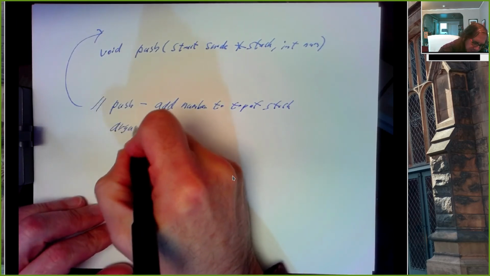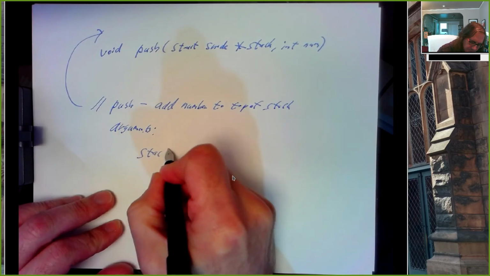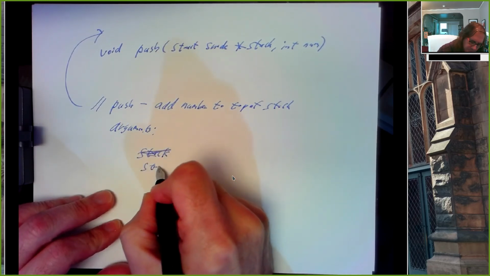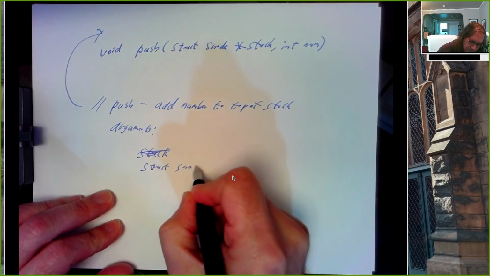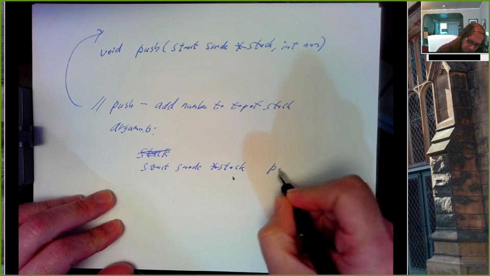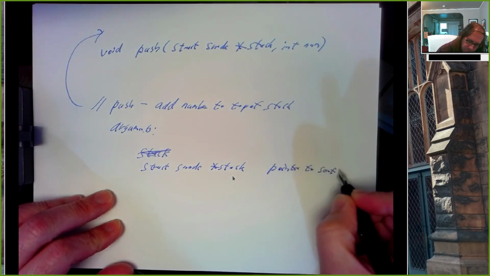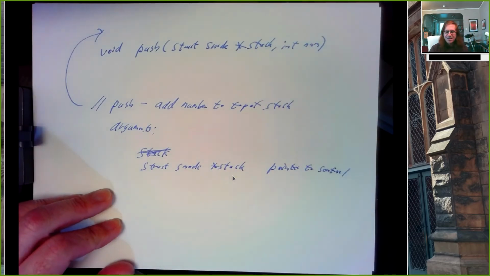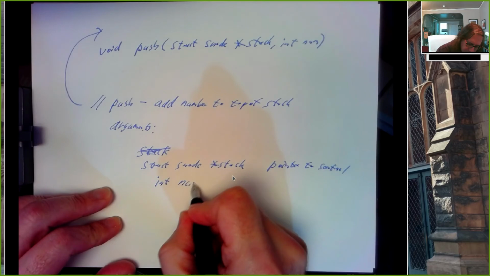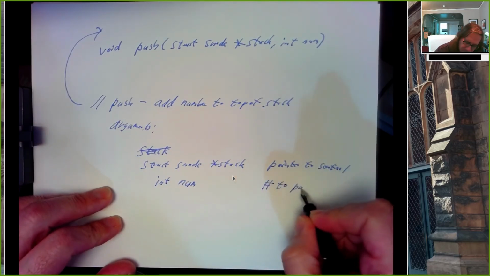Arguments: struct node stack, pointer to sentinel. Integer num, number to push.